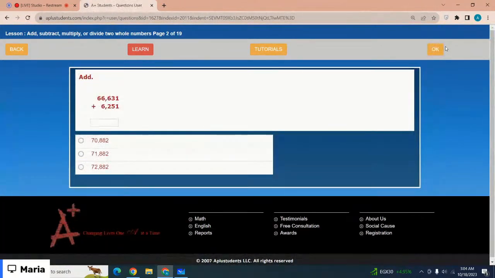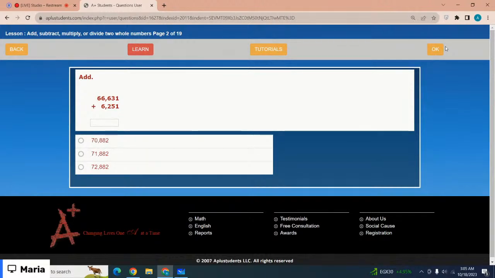The next one is you have to add 66,631 plus 6,251. Just add and see which option is the correct one.